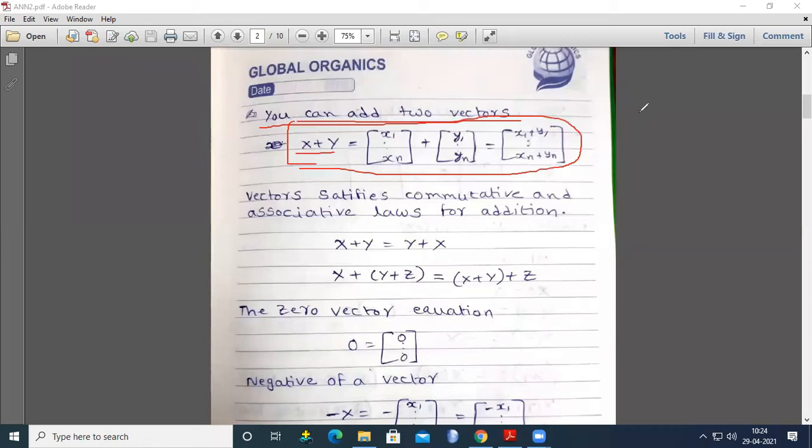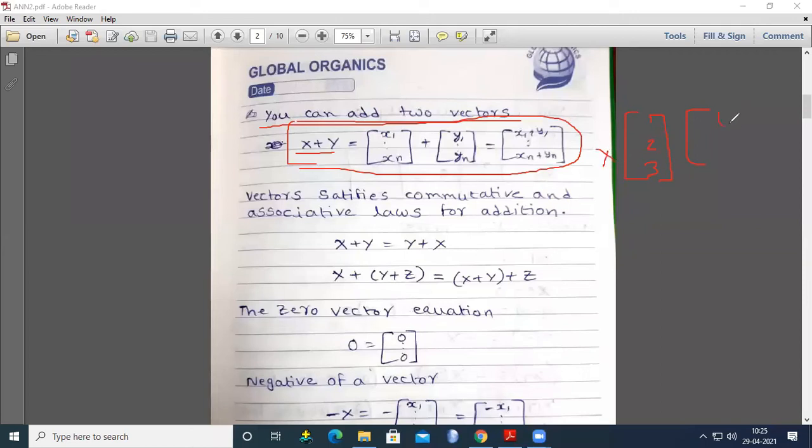For example, x is 1, 2, 3. This is the x vector.